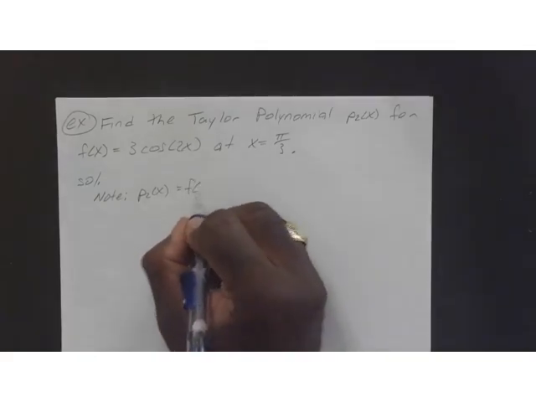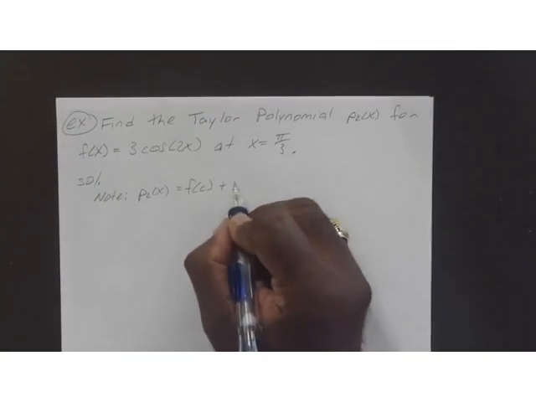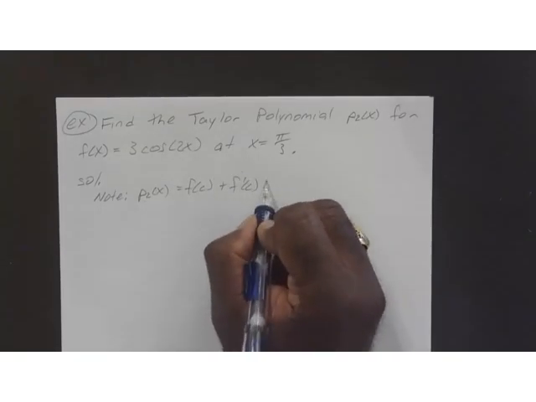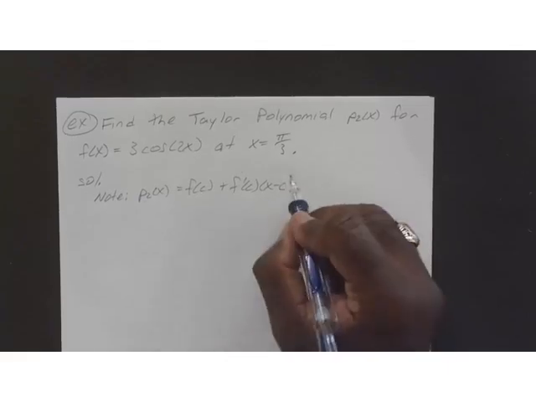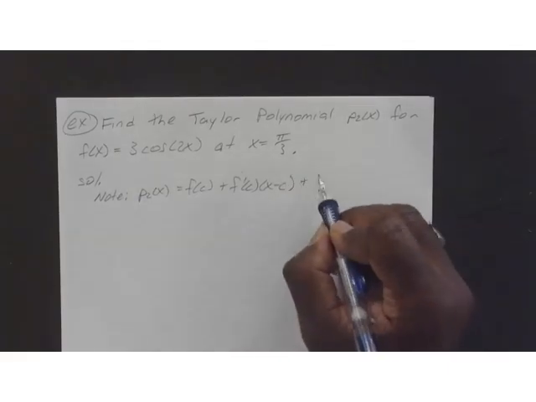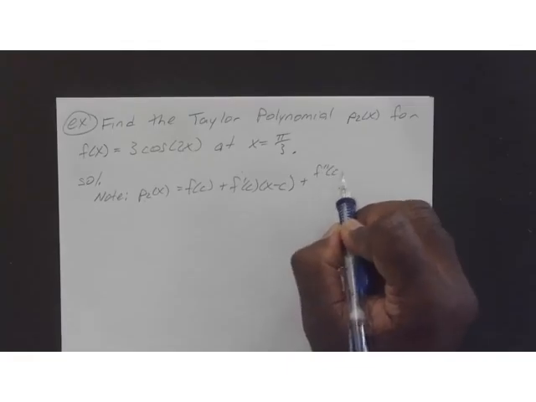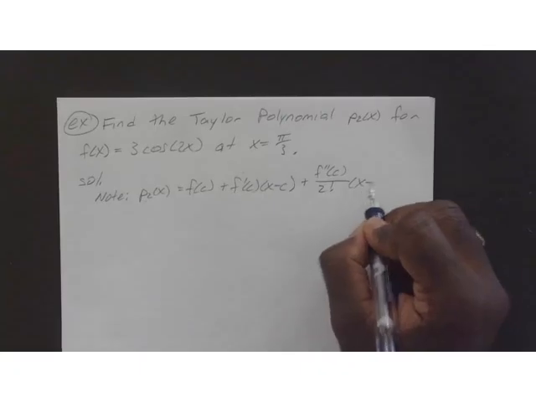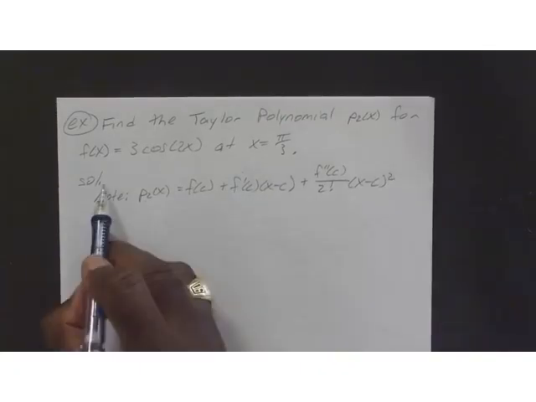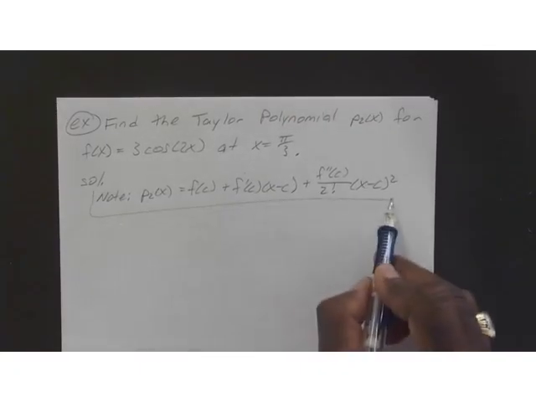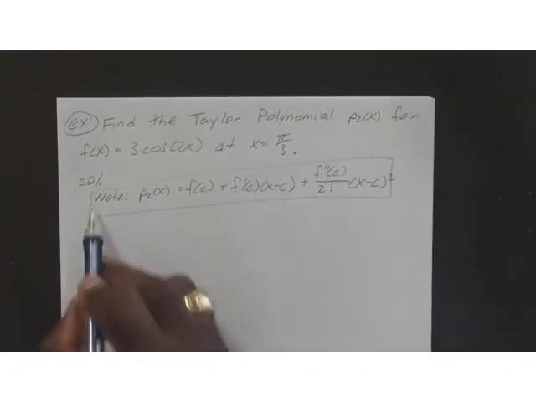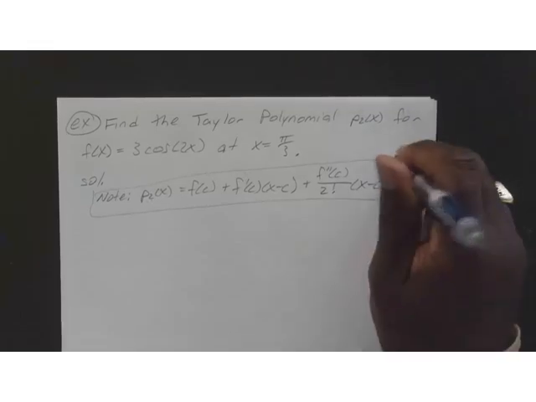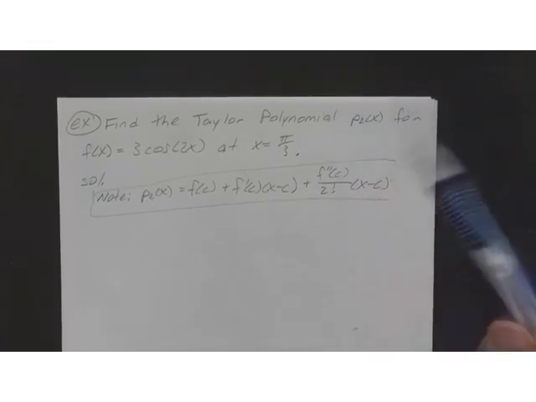So that's just f of c plus f prime of c over 1, we'll just call that f prime of c, times x minus c, plus the second derivative at c divided by 2 factorial times x minus c squared. So if it had p sub 3 of x, we'd go one more to the third derivative term.